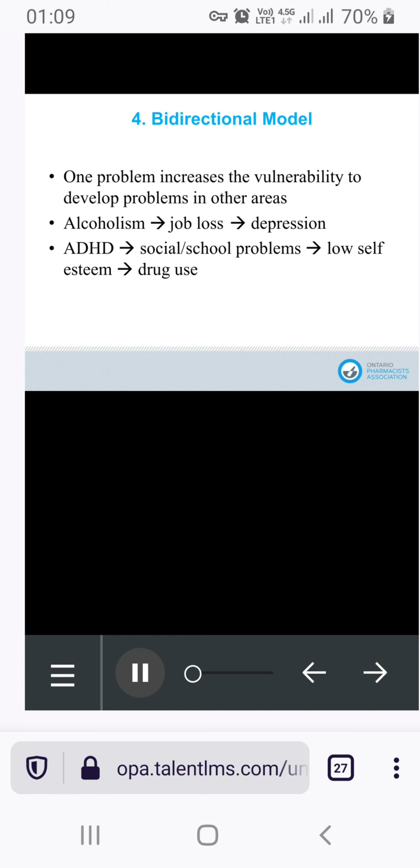Number 4 is the bidirectional model: one problem increases the vulnerability to develop problems in other areas. Alcoholism can cause job loss, and job loss can cause depression. ADHD causes social and school problems, can cause low self-esteem, and can cause drug use.